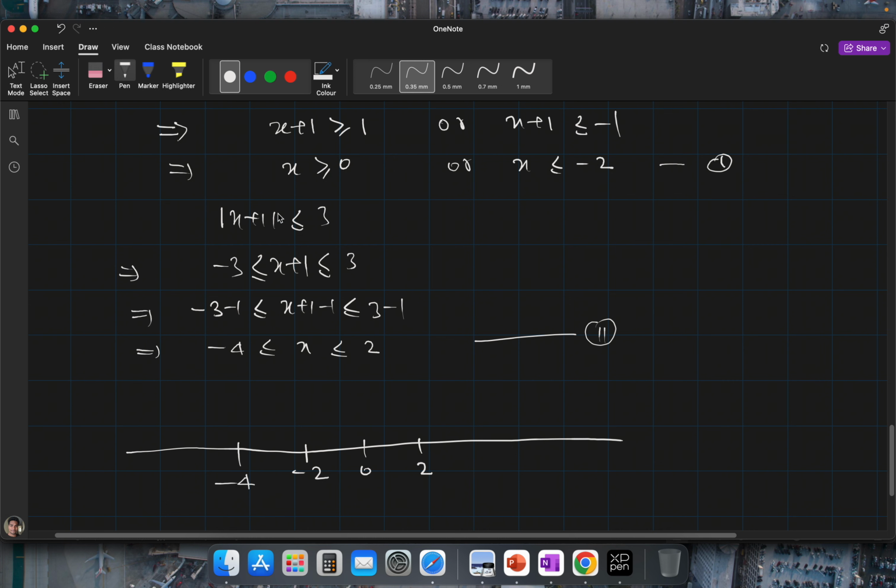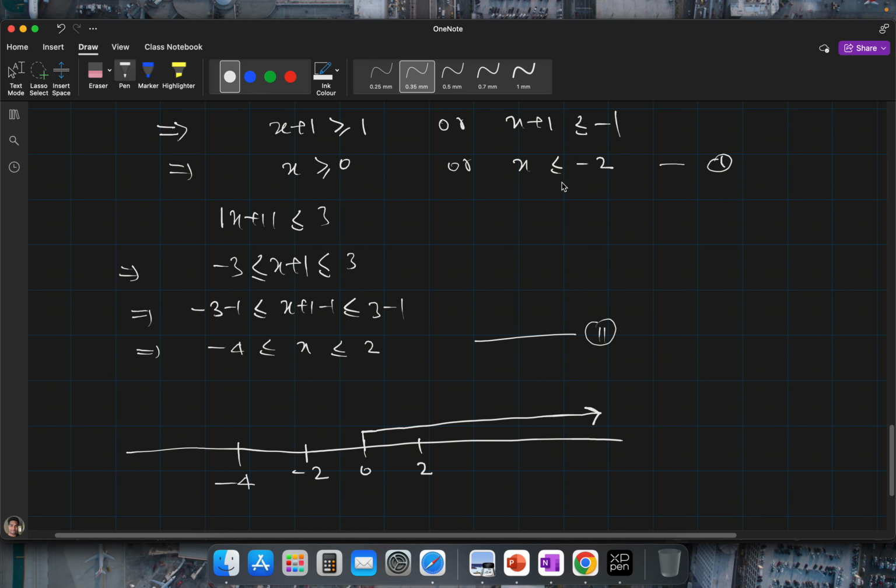So I have plotted all zeros on this number line. Now the first set is saying that x must be greater or equal to 0, so the solution set will be along this side including 0 also.